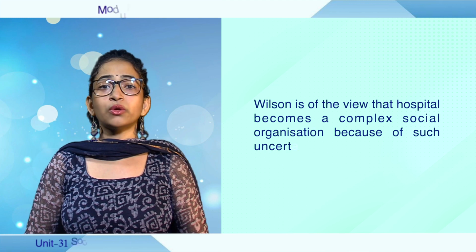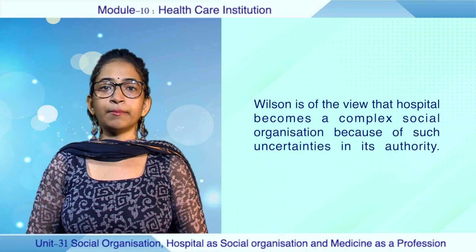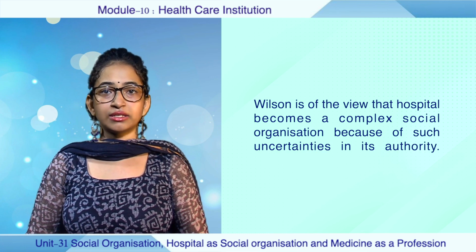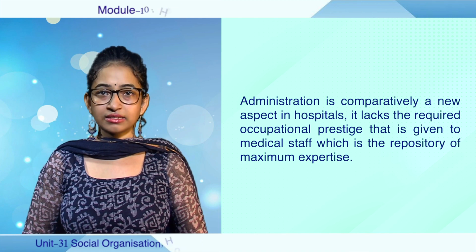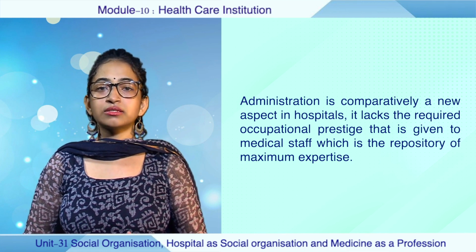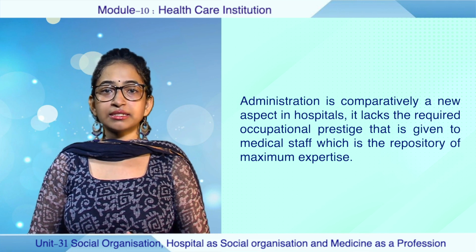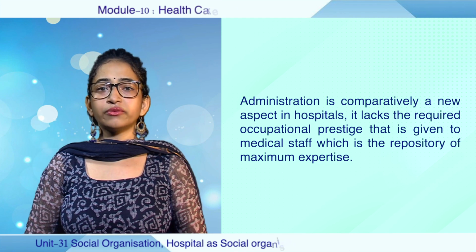Wilson is of the view that hospital becomes a complex social organization because of such uncertainties in its authority. Since administration is comparatively a new aspect in hospitals, it lacks the required occupational prestige that is given to the medical staff, which is the repository of maximum expertise. This expertise, of course, gives them absolute medical authority.